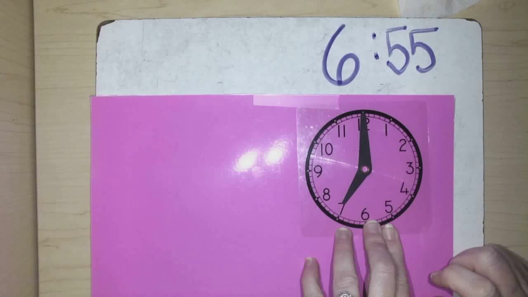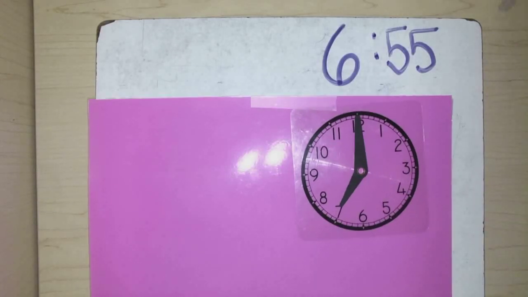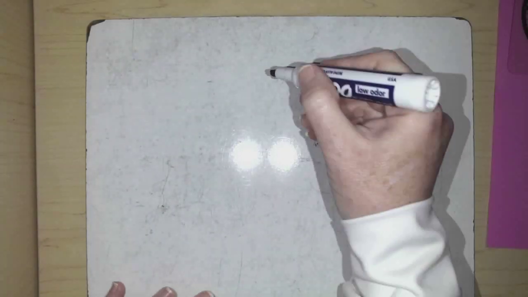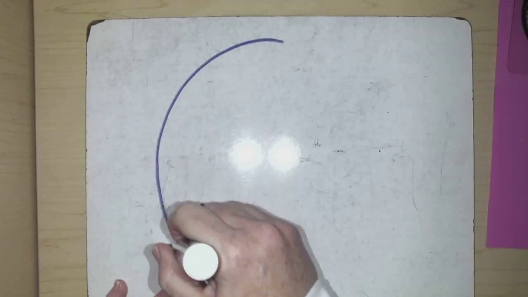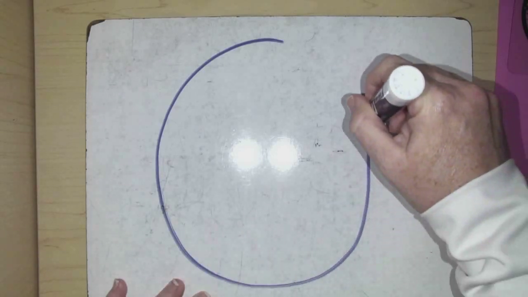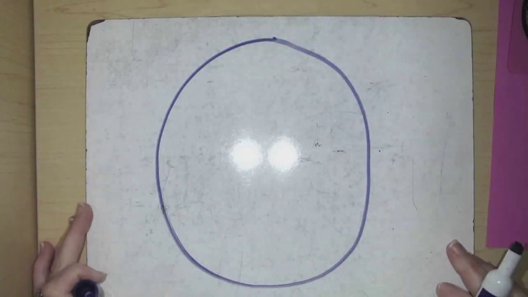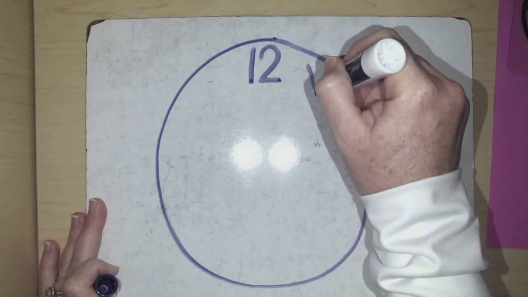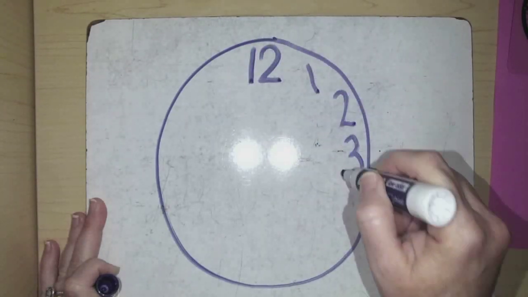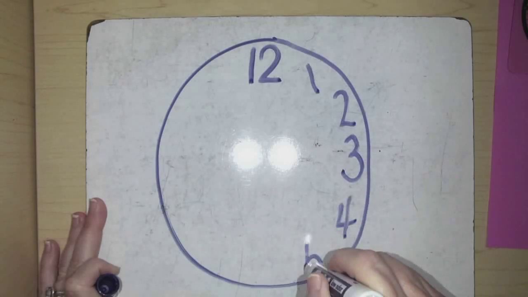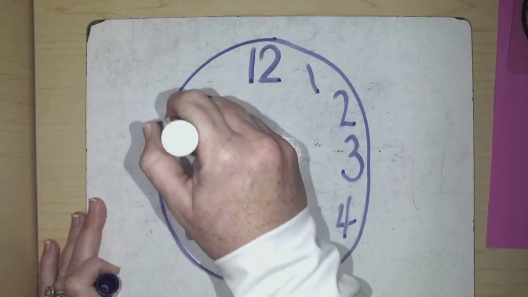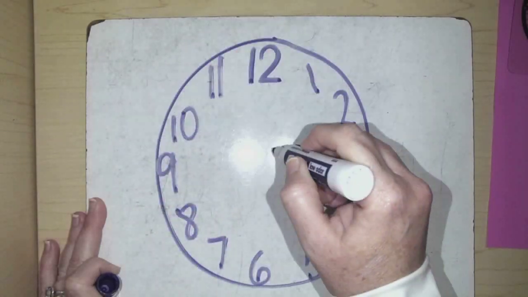Okay? Now, if you want to, for more practice, we didn't send any clocks home, but you could take your whiteboard, draw a circle. It doesn't have to be perfect, okay? And then you can draw your numbers on it. Okay?